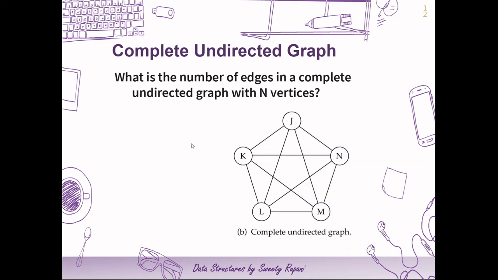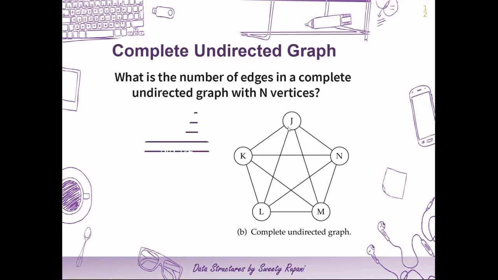Similarly, for a complete undirected graph, how many edges would we have if it is a complete or fully connected graph? In that case, it would be half of the one in a complete directed graph, because we would not need a reverse edge; rather, a single edge would represent both.